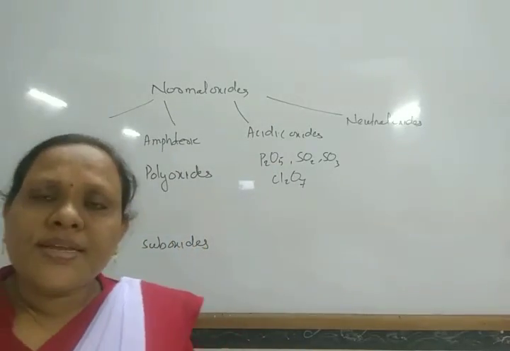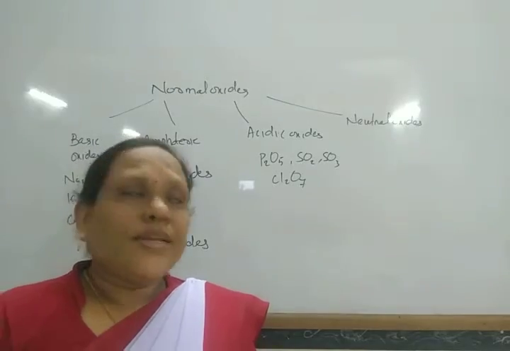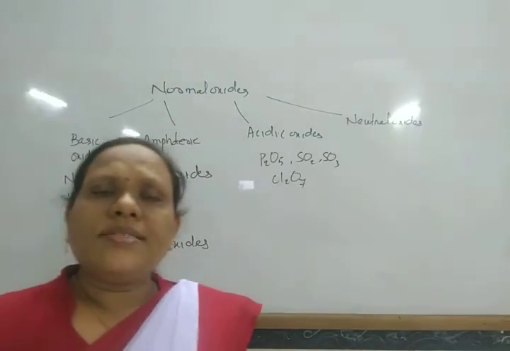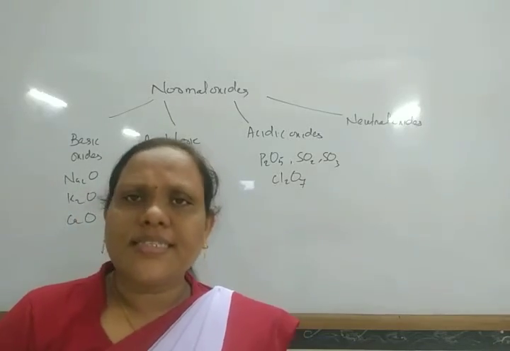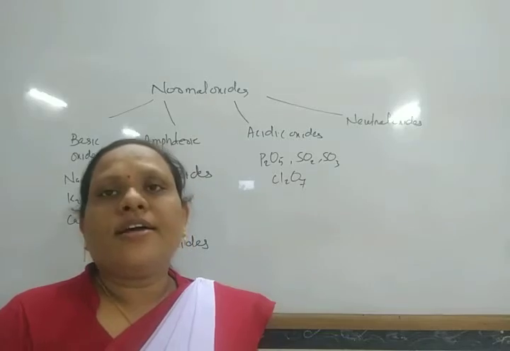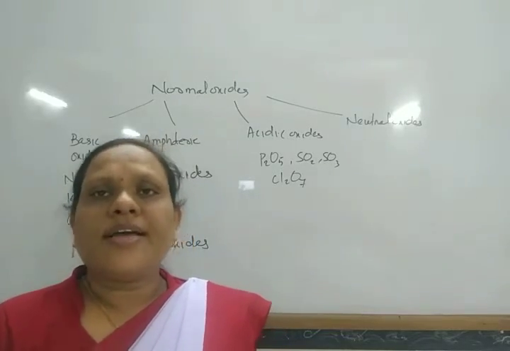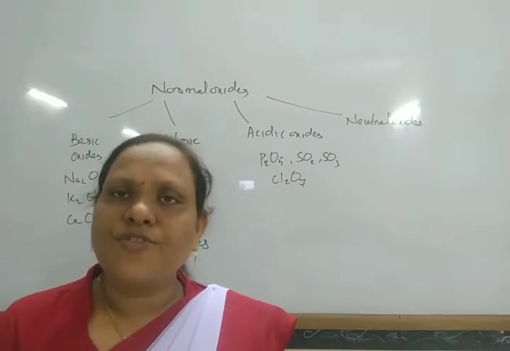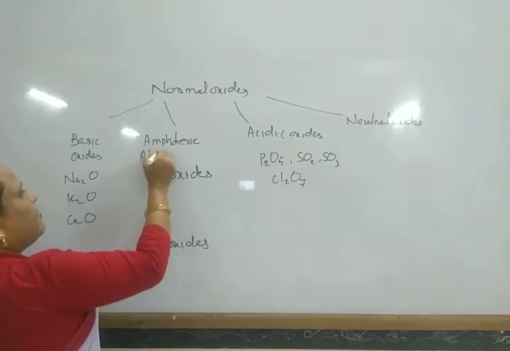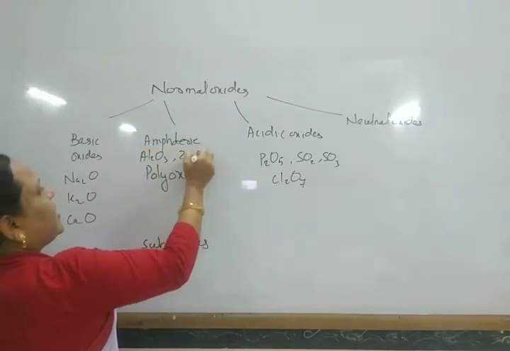And amphoteric oxides are those that are amphoteric in nature. Some metal oxides are amphoteric, and these oxides react with both acids and bases to form salts, like aluminum oxide and zinc oxide.